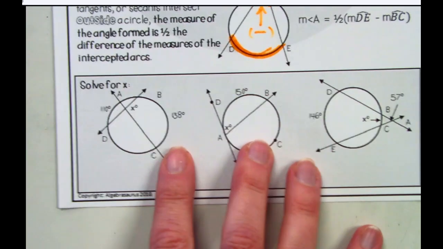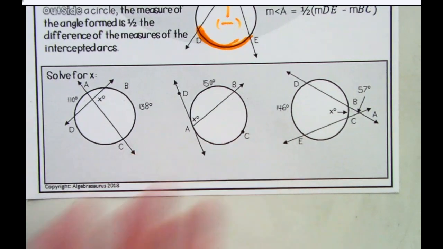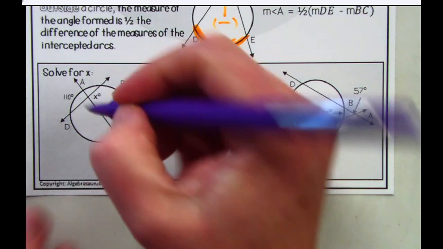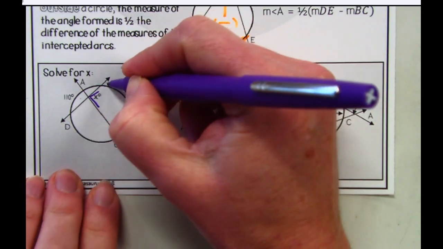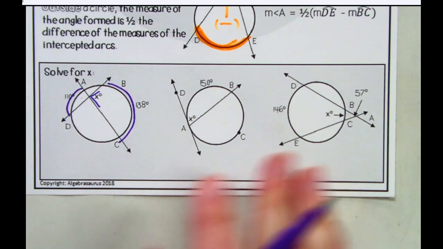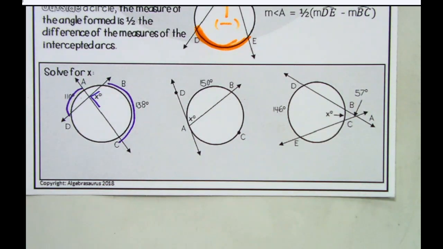Okay, let's apply it to these problems right here. What am I looking for? X. How am I going to solve this? Here's the angle, so I'm going to look at its arcs. This one and this one. How did it tell me we were related?